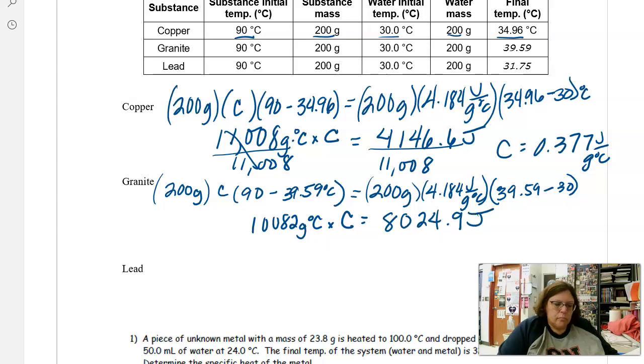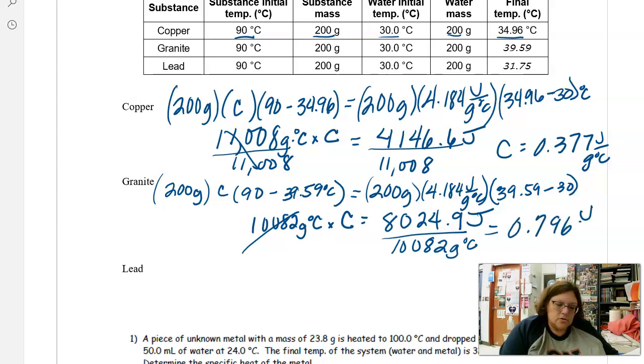So the water gained 8,000 joules of energy. If we divide that by the mass and the temperature change combined, we'll cancel that out, and our specific heat is going to be 0.796 joules over grams degrees Celsius.